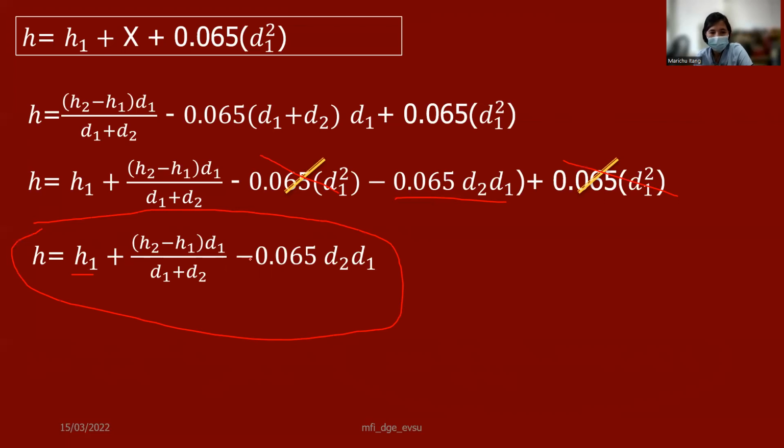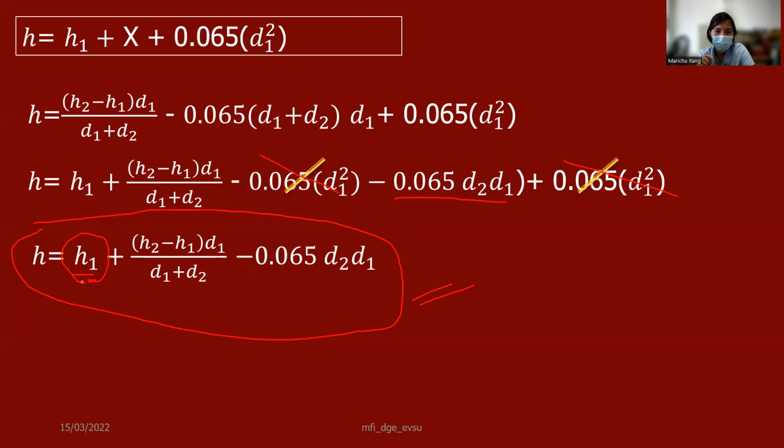Okay, so this is now our final formula to determine the elevation of the line of sight at a certain obstruction. Okay, so take note of this formula. Let's say this is not always H1. So the value here, it depends on kung saan nakalagay yung ating instrument, or this is the station occupied.